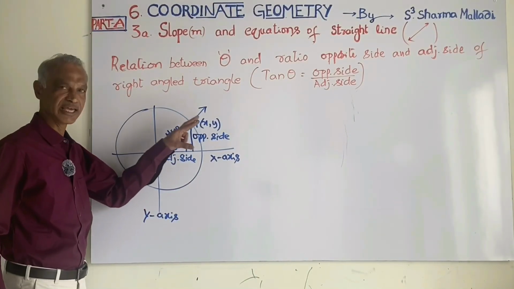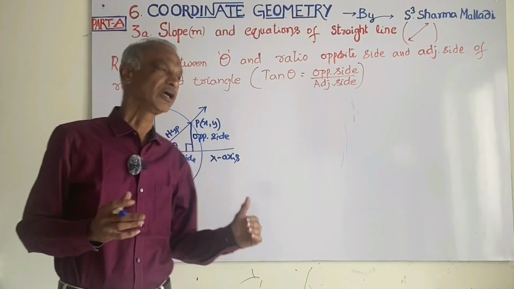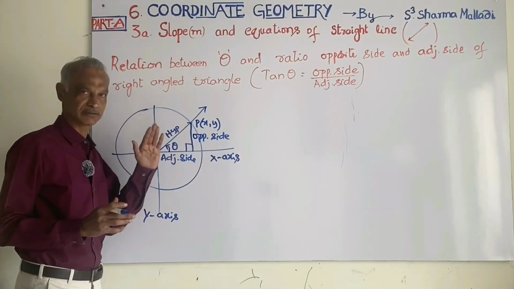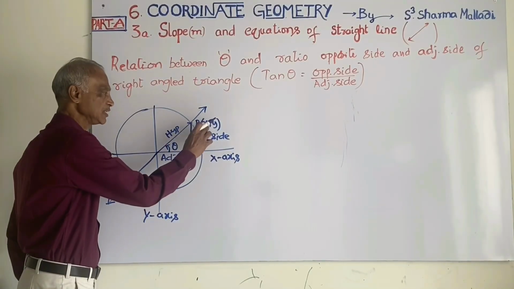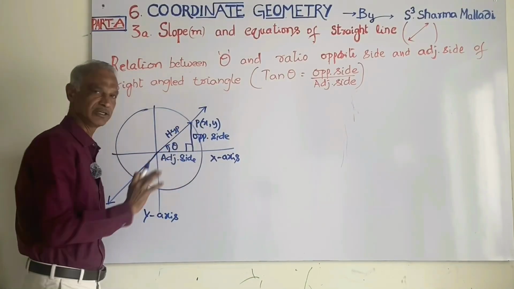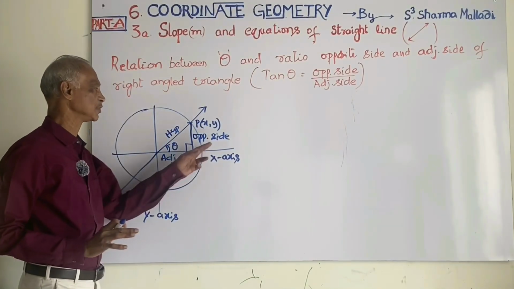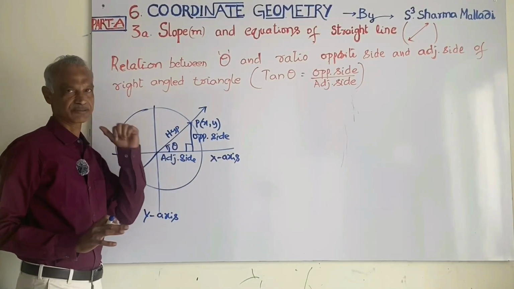This is a point P(x, y). The line will have many points; I have taken only one point, represented by P(x, y). x means this distance is x and this distance is y. You should remember the opposite side will be y and the adjacent side will be x.